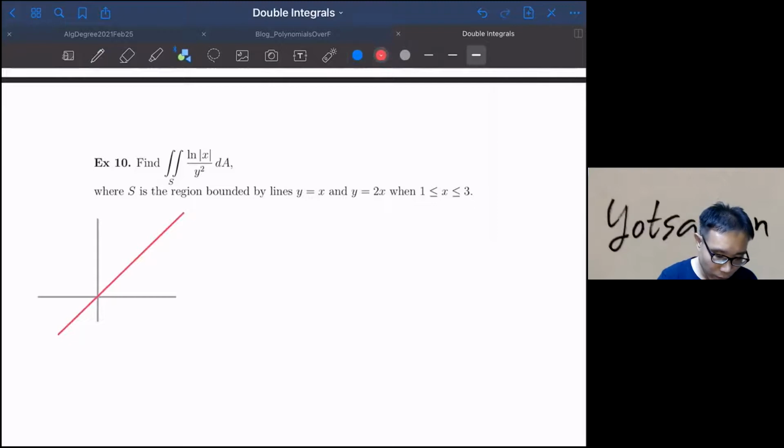So this one is y equal to x. And you have y equal to 2x. Okay, so it's going to be the straight line like this. Y equal to 2x.